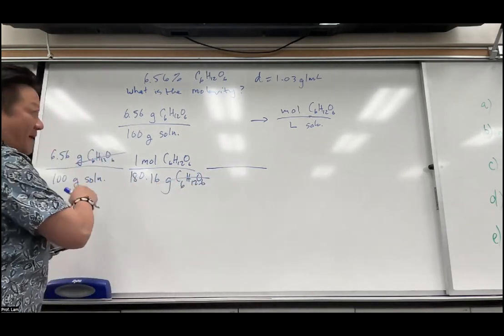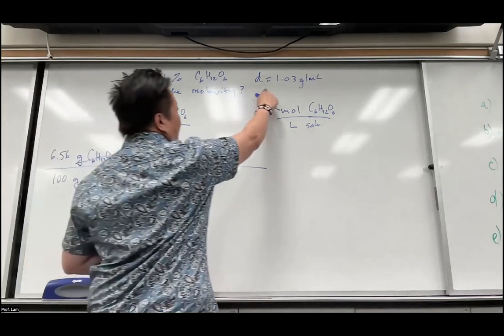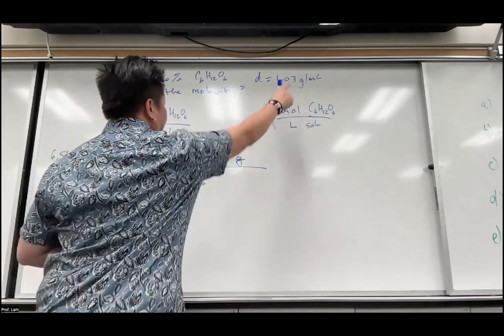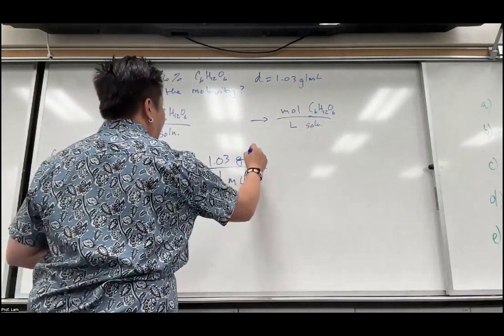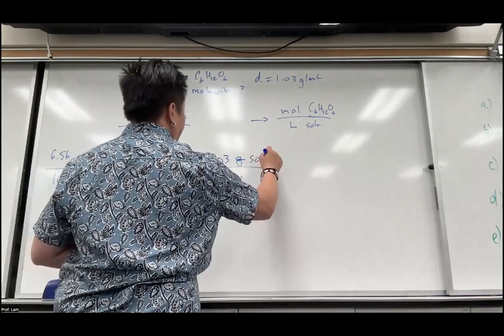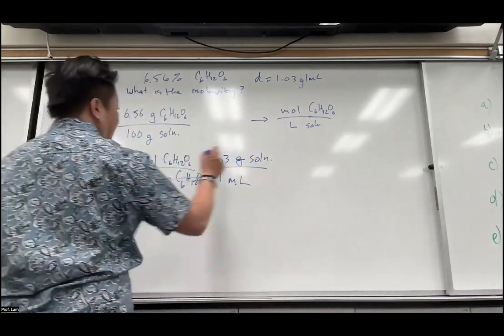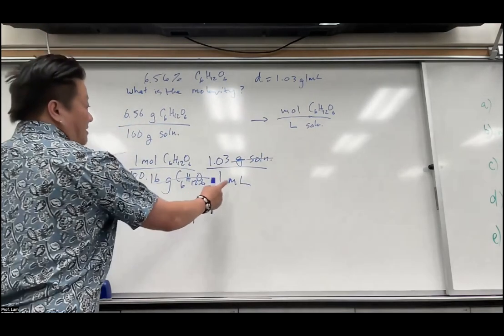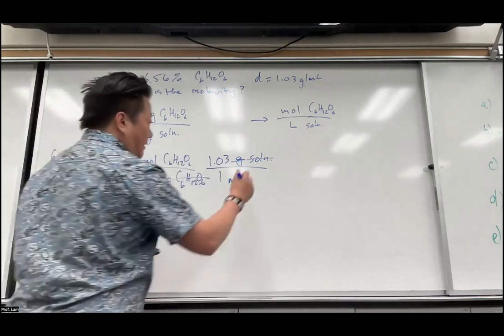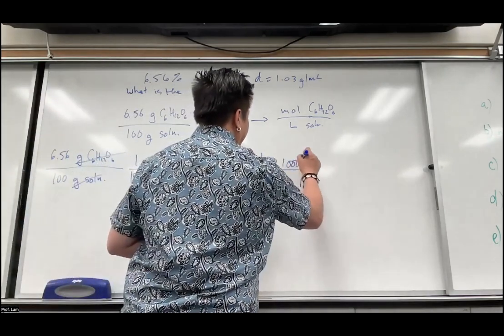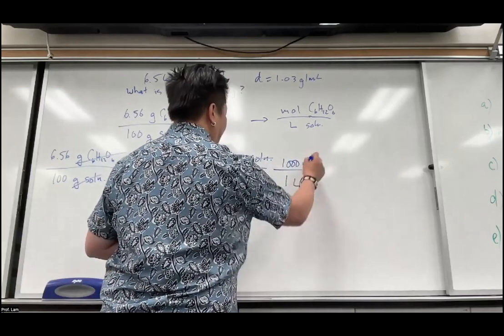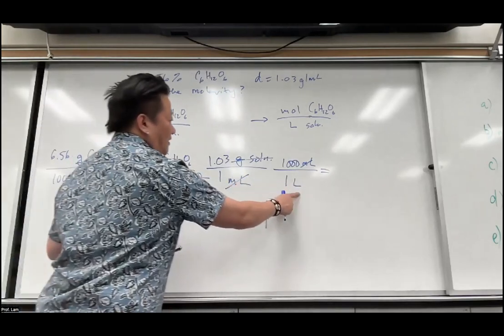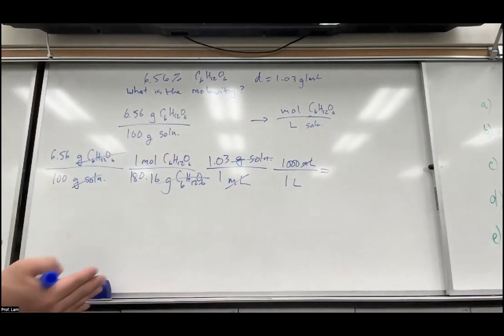Now, how do we get from a mass to a volume? That's why we're given a density. So 1.03 grams wants to be on top, because we want the volume on bottom, per milliliter of the solution. So that cancels. And now we want this milliliter to become a liter, so 1,000 milliliters on top and 1 liter on bottom. And all of a sudden we have what we need, moles over liter. You see how we did that step by step.